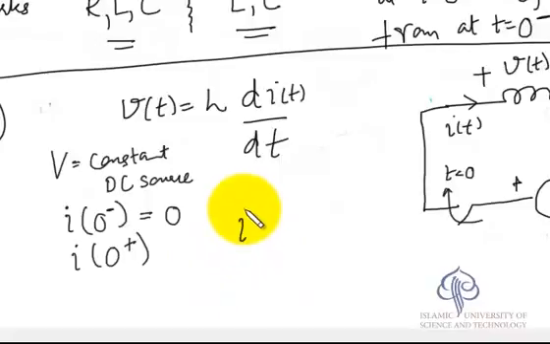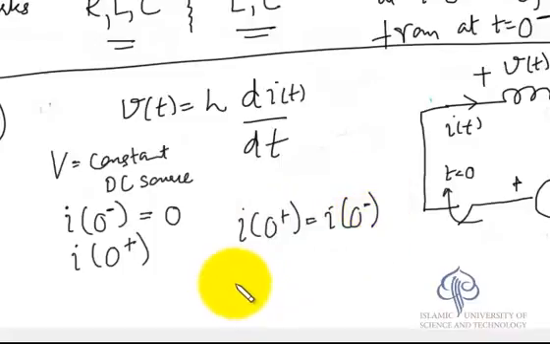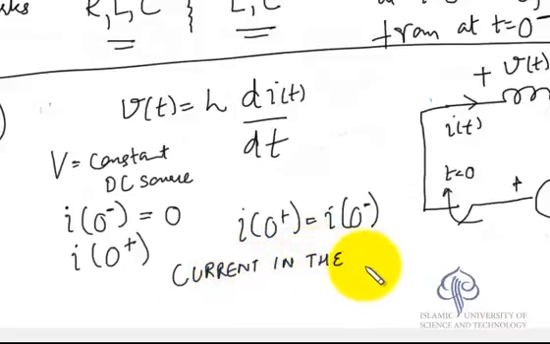We know that i(0 plus) in this case is going to be equal to i(0 minus), because the current in the inductor cannot change instantaneously.